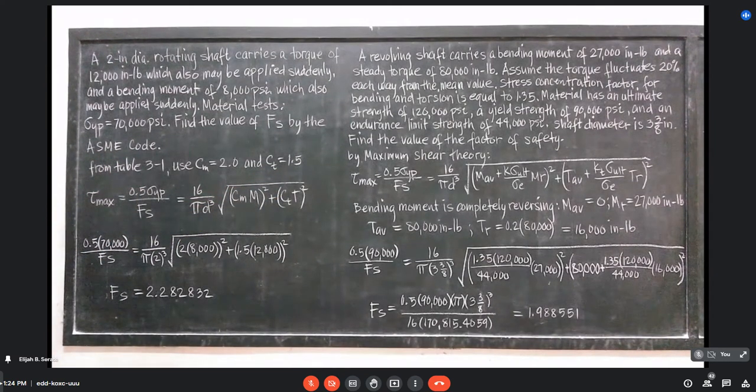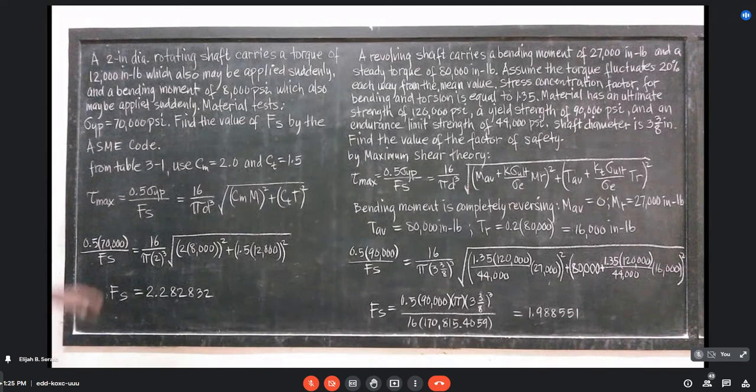Okay, so we substitute values. This time, what we're going to use is not anymore 8,000 times 75% if there is a keyway, if you will recall, no? Because of stress concentration and because there is a reduction of the section of the shaft. We multiply it by 75%.